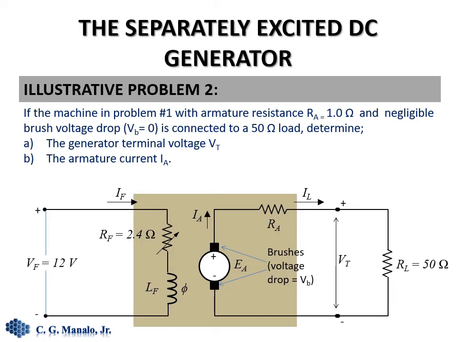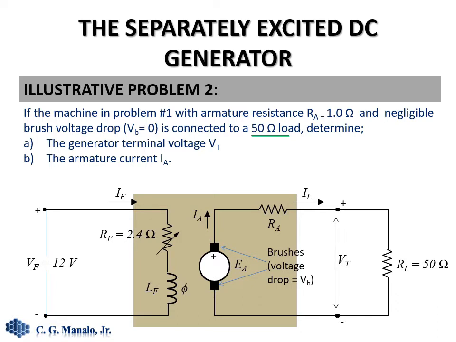Let's have a second problem for this module that pertains to a separately excited DC generator. On the previous problem that we had in the introduction, let's say that the machine is connected to a 15 ohm load.